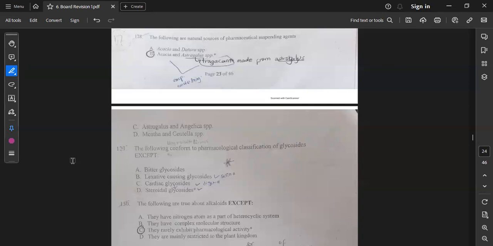Because for me, I would have chosen A because laxative action, cardiac action, steroidal action, because being a steroid, it has steroidal glycosides, I think they're saponins, and they have a role because of the steroidal value they have. So Rawlings, why would you choose beta steroidal glycosides?